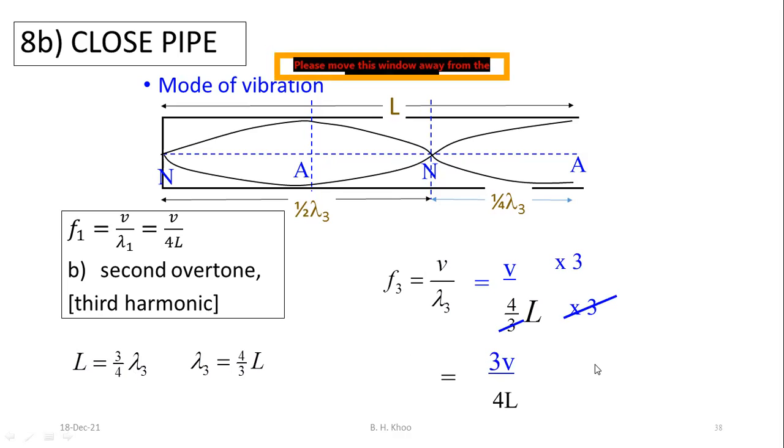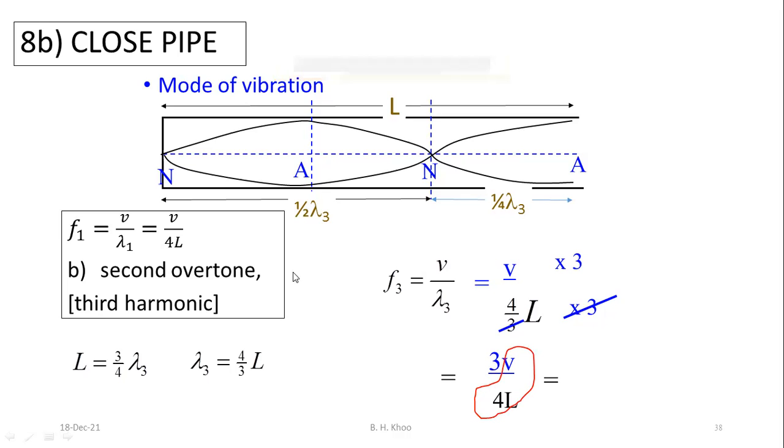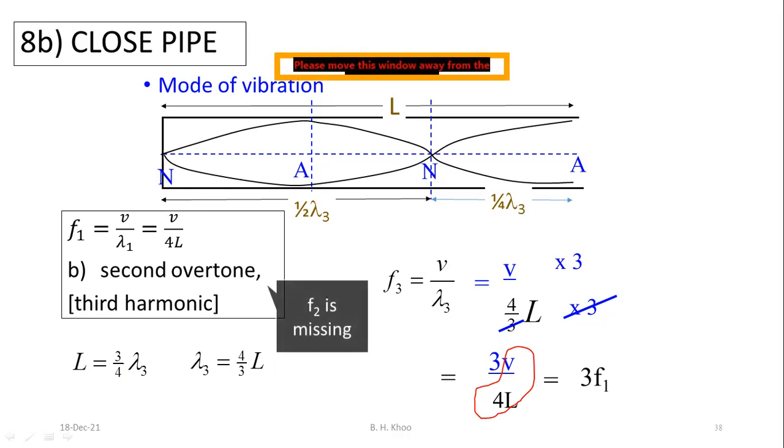Okay with that? V over 4L is F1, so this is 3F1. You want to relate it to the first one, the fundamental frequency. F2 is missing, there's no F2.